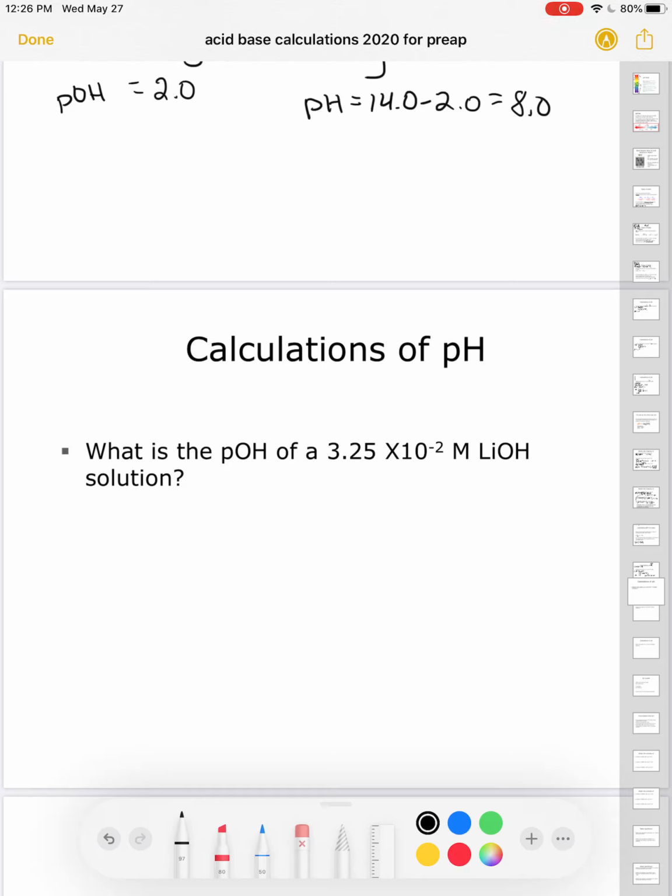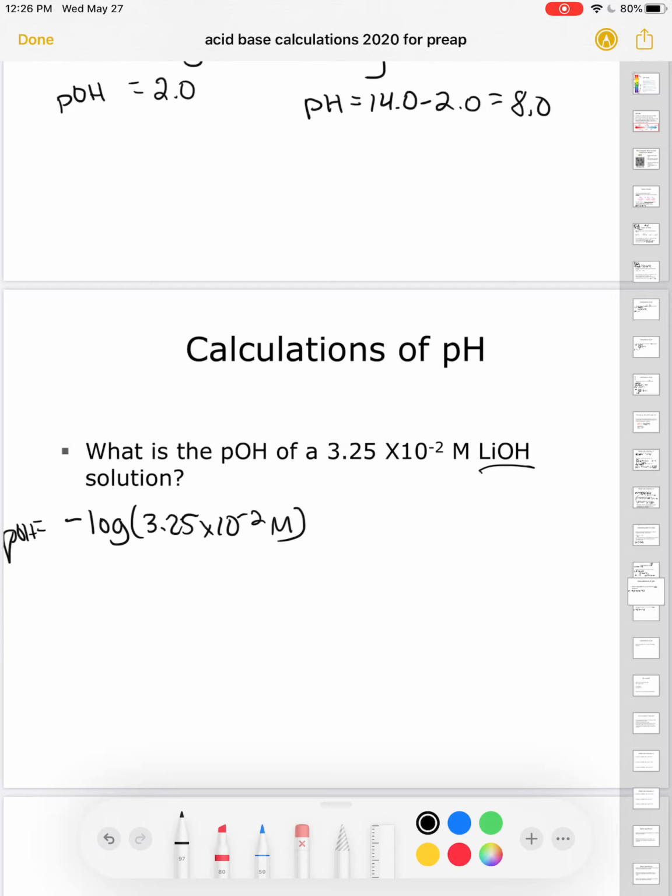Similarly here, we've got lithium hydroxide again, a monobasic base. So we have a 3.25 times 10 to the negative 2 molar basic solution. Negative log of 3.25 times 10 to the negative 2 molar gives me my pOH. That's a really ugly looking p, but I'm going to leave it.